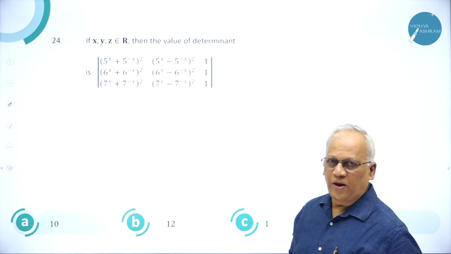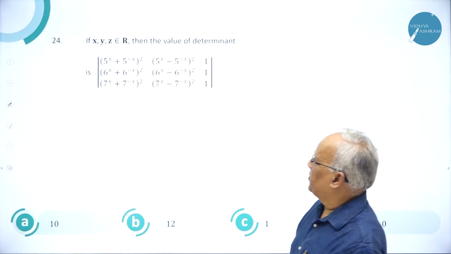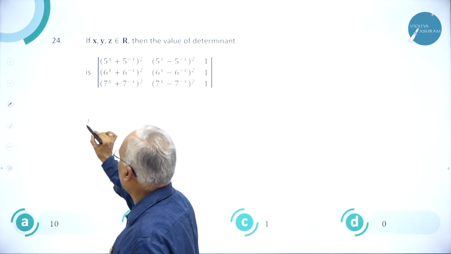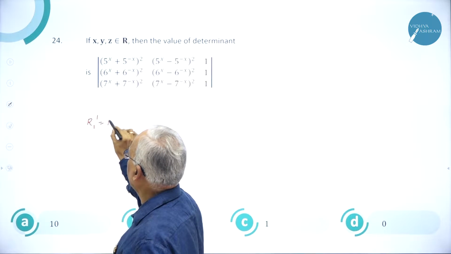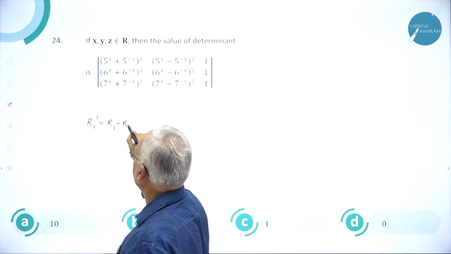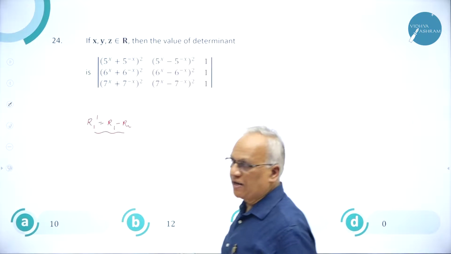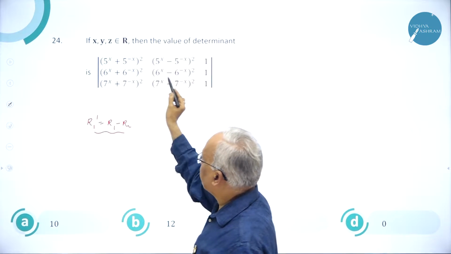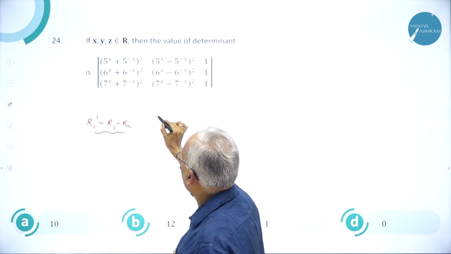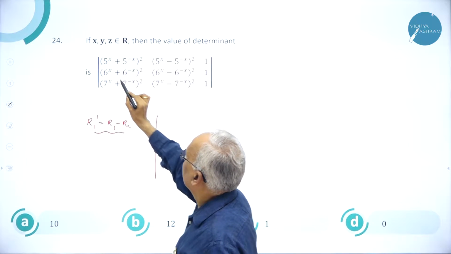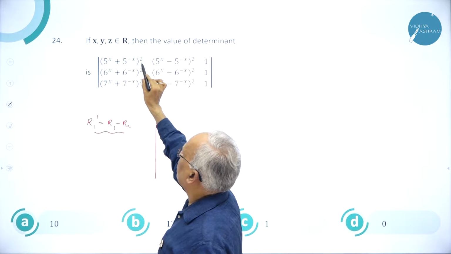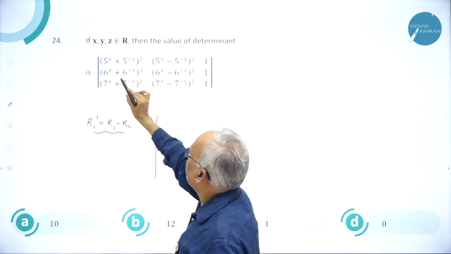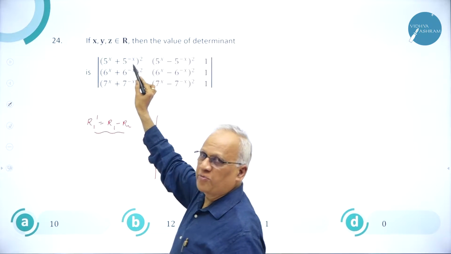This is a good problem. Actually, you use the transformation R1 dash equal to R1 minus R2. This is enough. And of course, the A plus B whole squared, A minus B whole squared formula. If I take R1 minus R2, then it becomes 5 power 2x plus 5 power minus 2x plus 2 into 5 power x into 5 power minus x is 1.